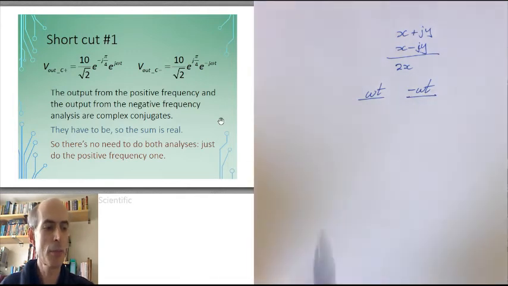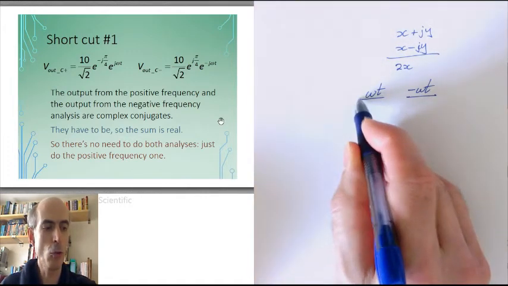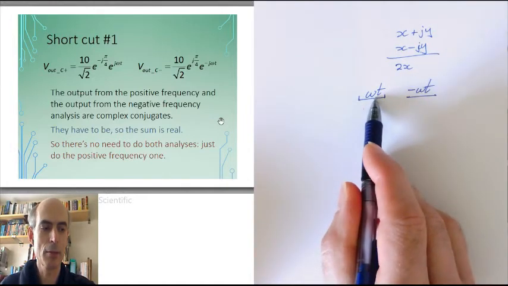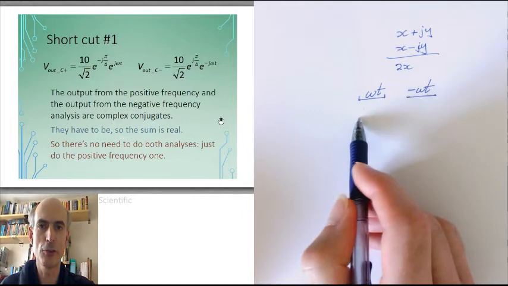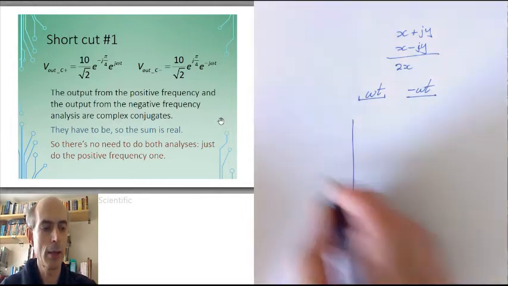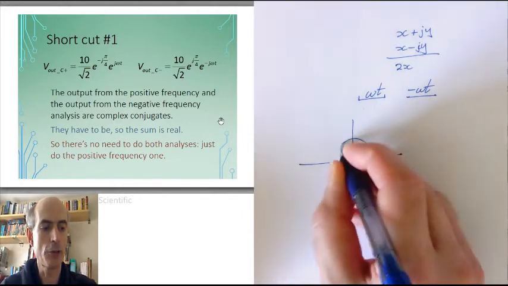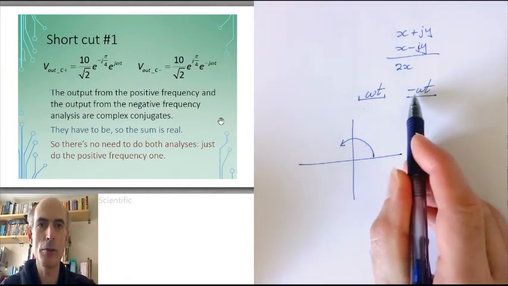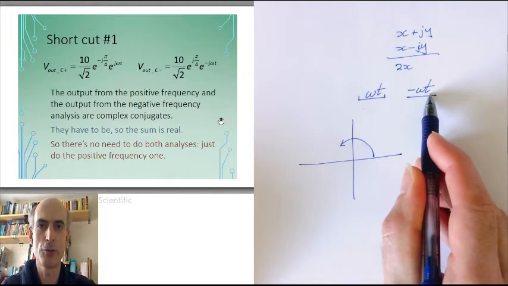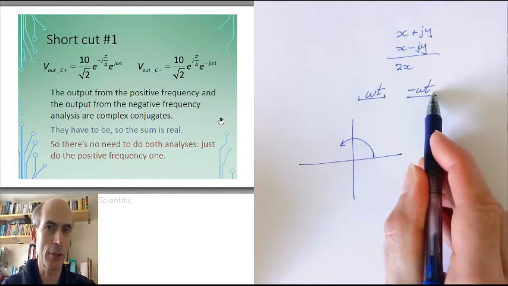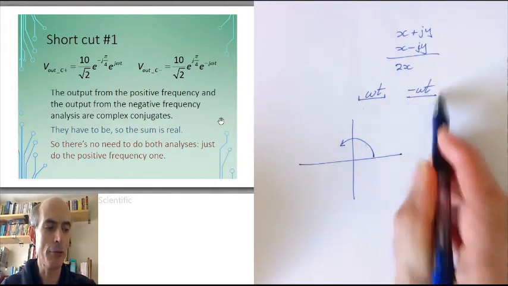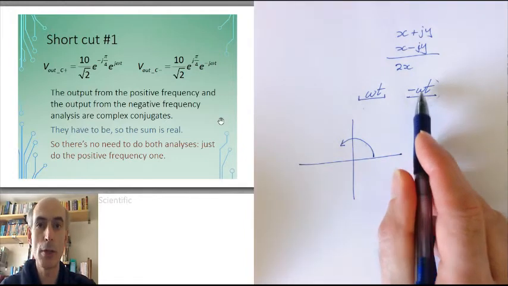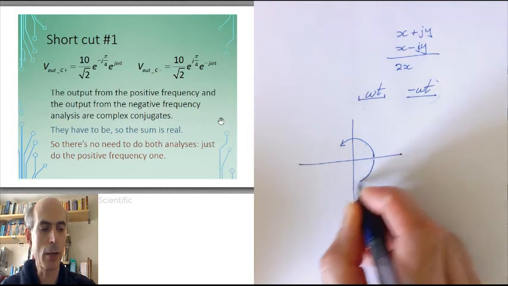If I take the contributions of all of the cissoids which are going anti-clockwise, that will give me a final result which is going anti-clockwise around the origin. Similarly, if I take all the negative frequency components of all of the sources in my circuit and add up their effects, that's going to give me an oscillation with a negative frequency going this way around the origin.